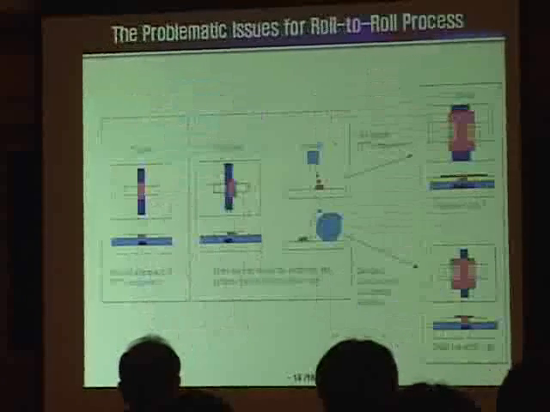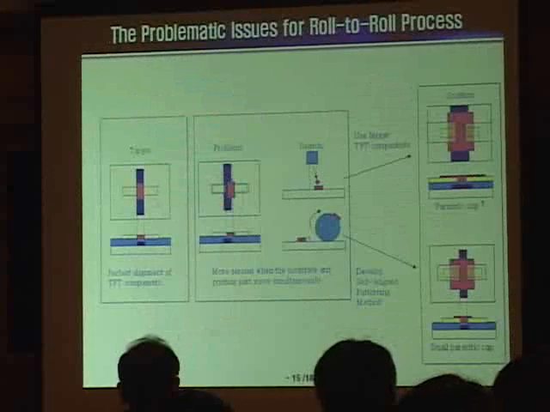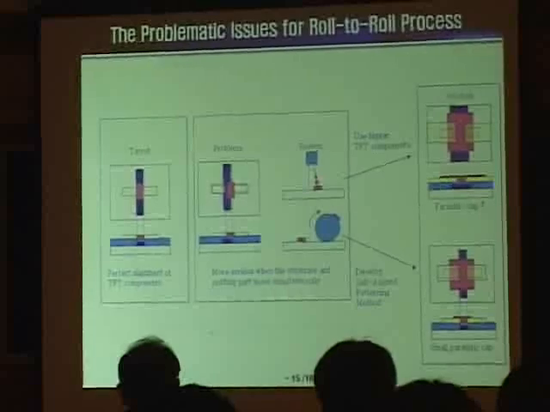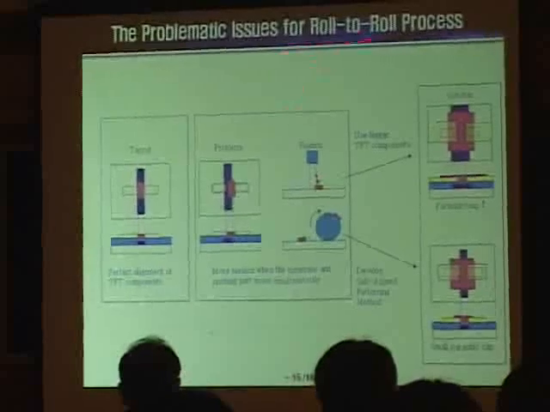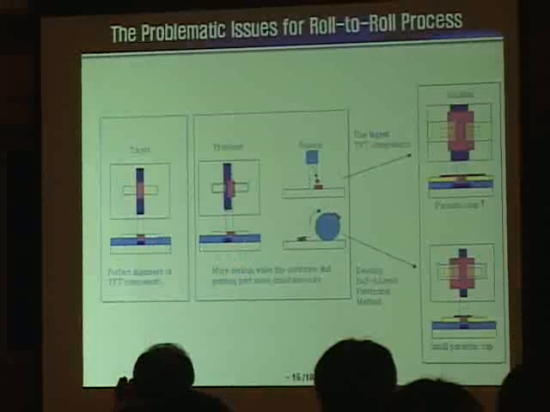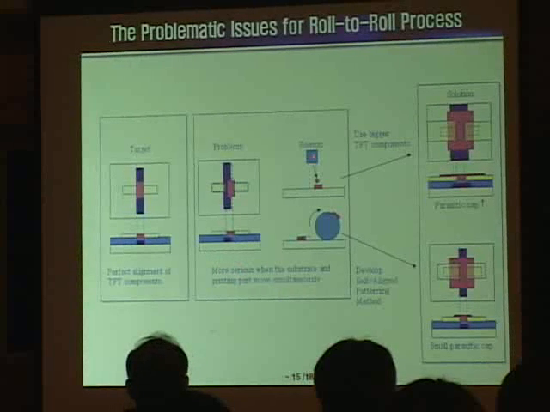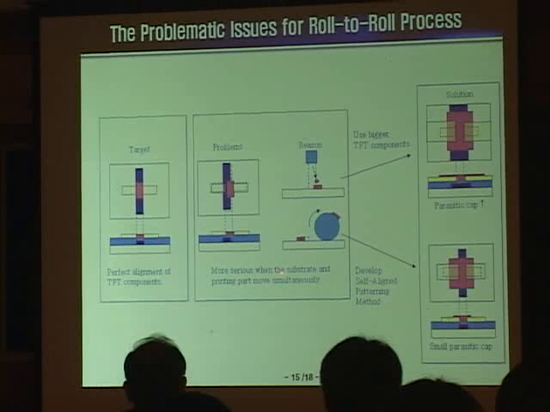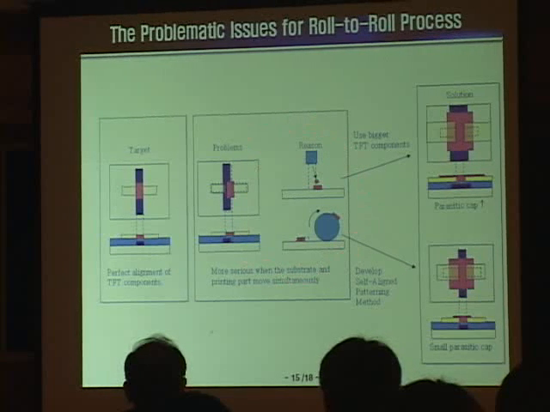Next slide, please. But even though we can obtain very good properties of a TFT device, we should consider the alignment problems more, because if we want to make a roll-to-roll process, the substrate will simultaneously move with the printing position. So in most cases, it is really difficult to realize perfect alignment.